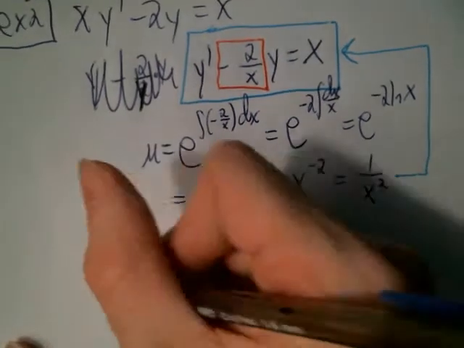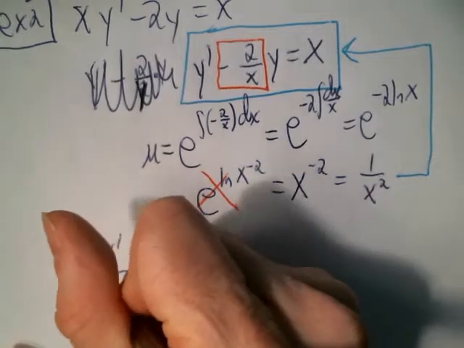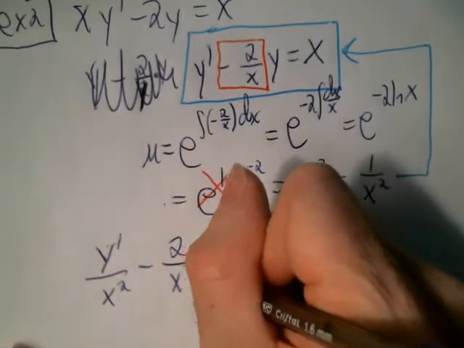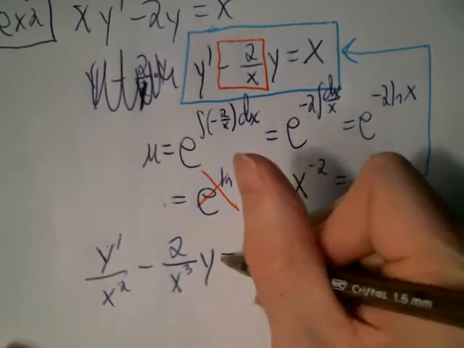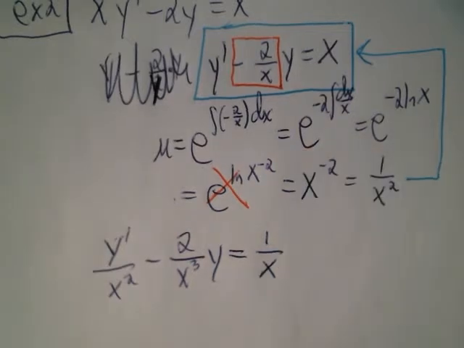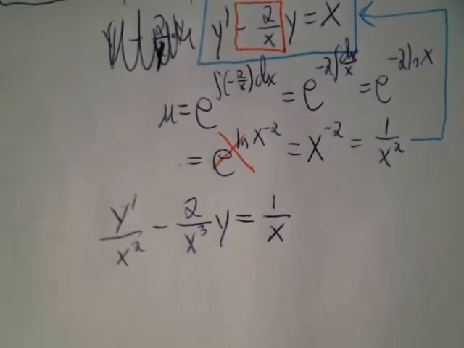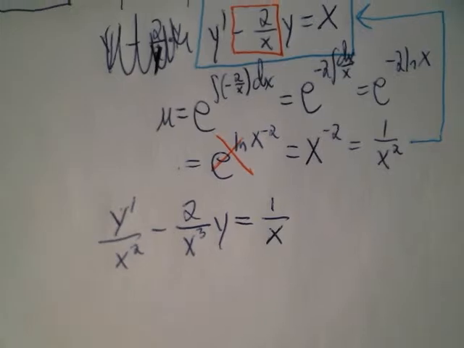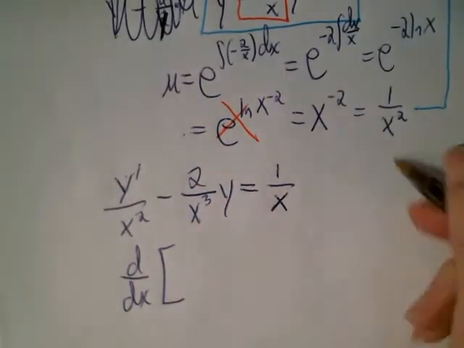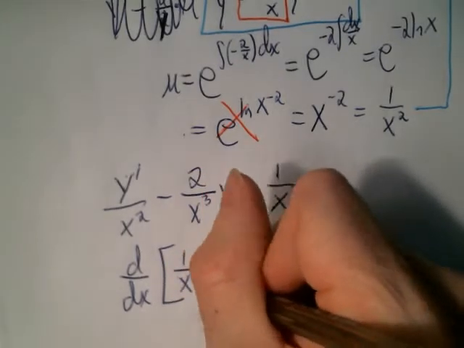Okay, so in that case, I got y prime all over x squared minus 2 all over x cubed times y equals x all over x squared, which is 1 all over x. The left-hand side will automatically collapse into the derivative with respect to x of mu, which is 1 over x squared, times y.